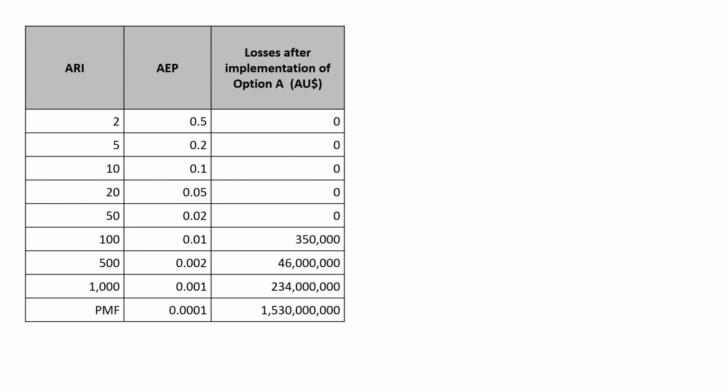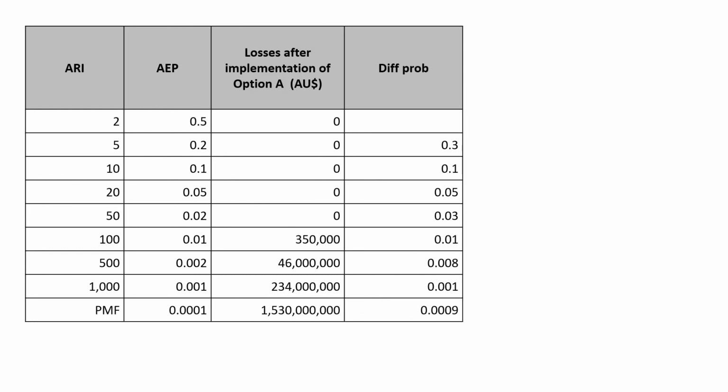So we can use the differences between the annual exceedance probabilities that we calculated before, and I'll put them again in this table. Here we had done 0.5 minus 0.2 equals 0.3, 0.2 minus 0.1 equals 0.1, and so on.